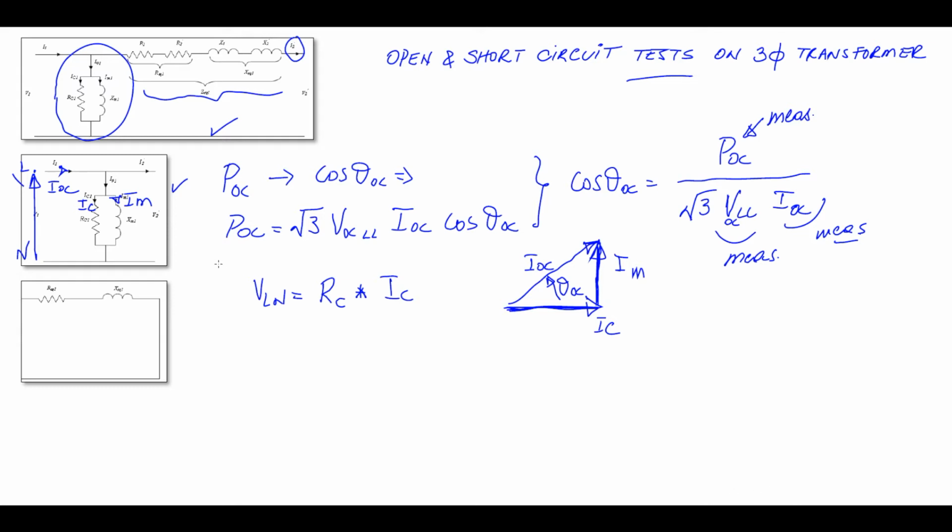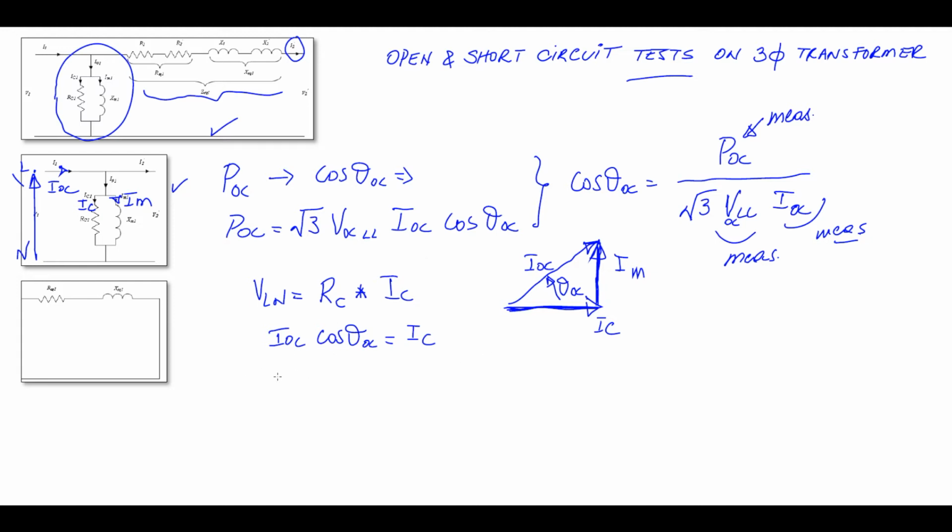So now I open circuit times cosine theta open circuit will give us IC, I core. Now we can replace this I core by this formula.